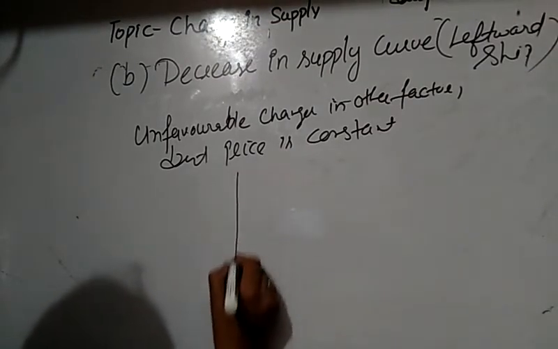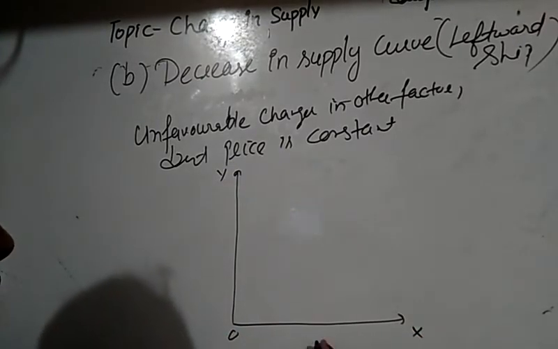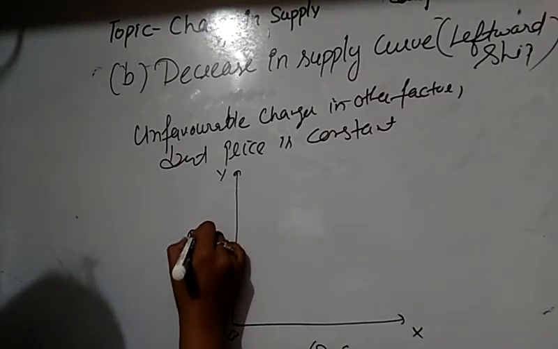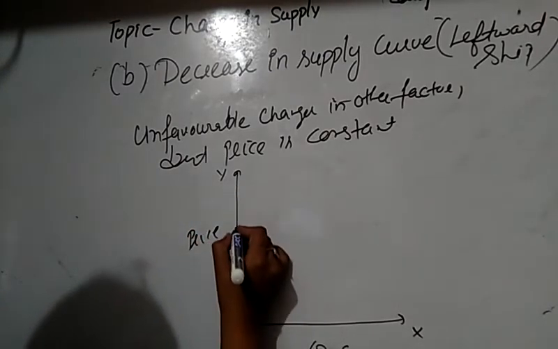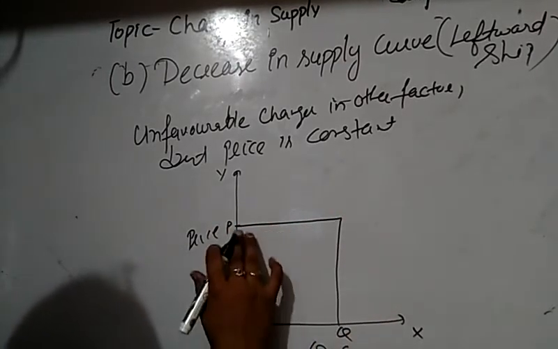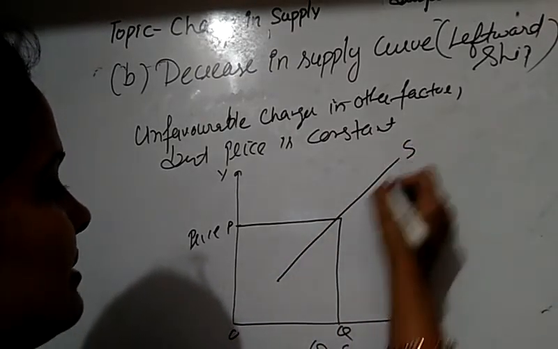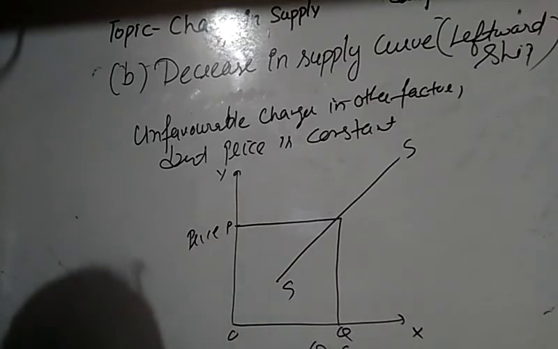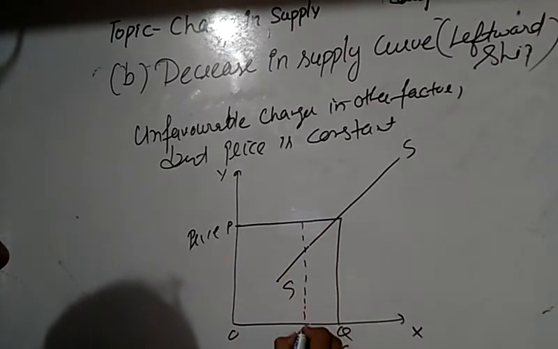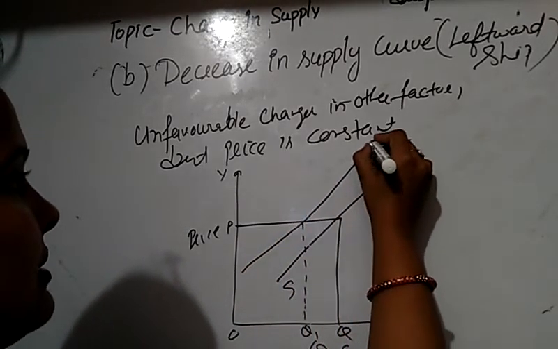So this is a graph to understand this, Y O X, with quantity on the OX axis and price on the OY axis. When the price is P, the quantity is Q, and the supply curve is S. When the price is the same but the quantity decreases to Q1, the supply curve is S1.